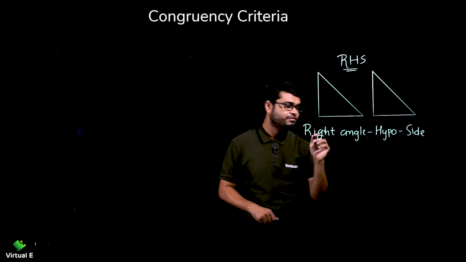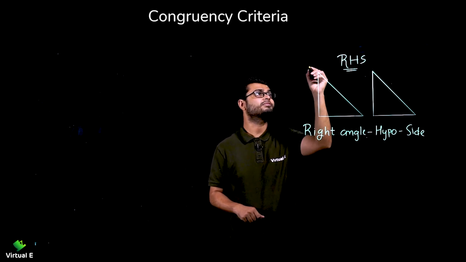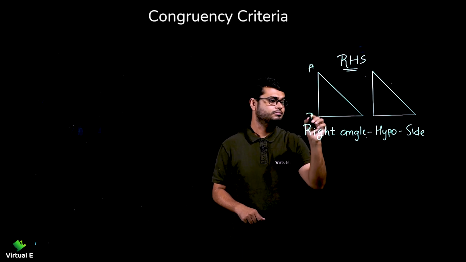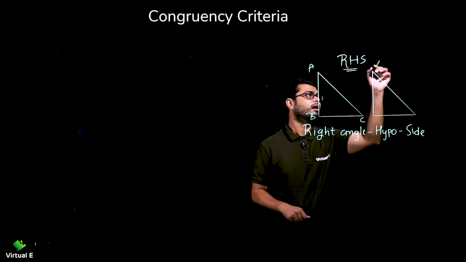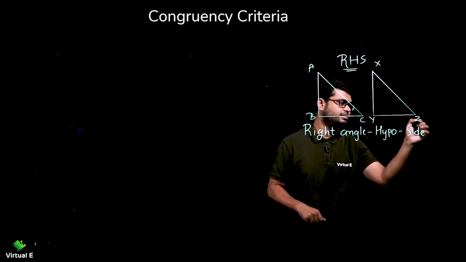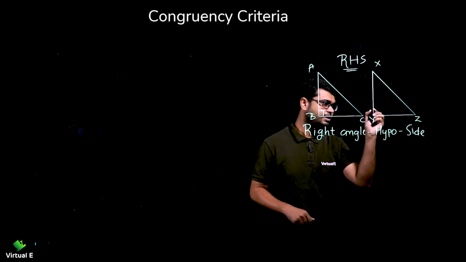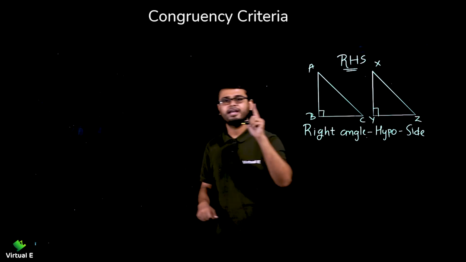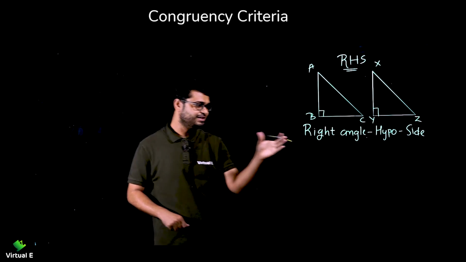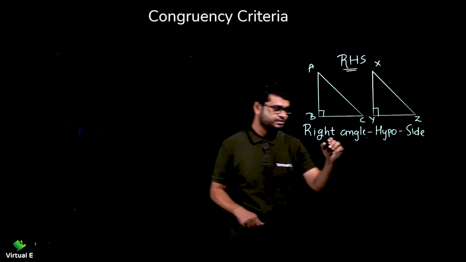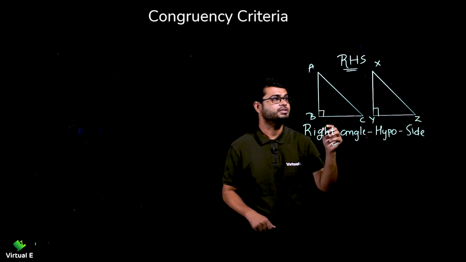Okay, so for that let's name the triangle first of all. A, B, C, X, Y and Z. So for right triangle this is 90 degree. So we have one angle equal, basically that is right angle. That being done, now we want hypotenuse.